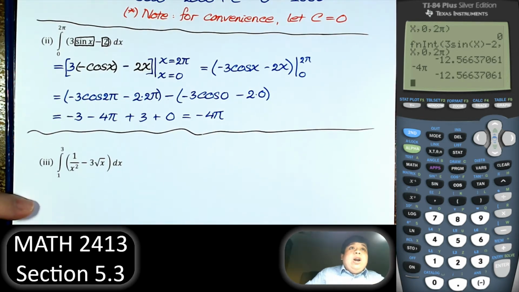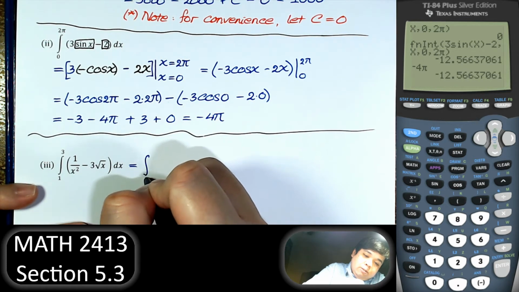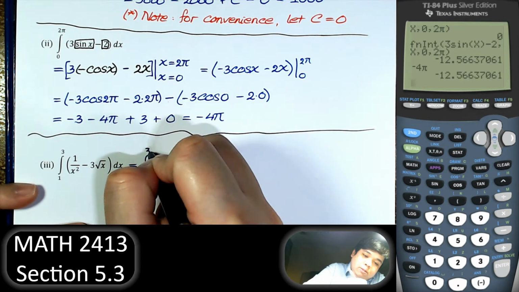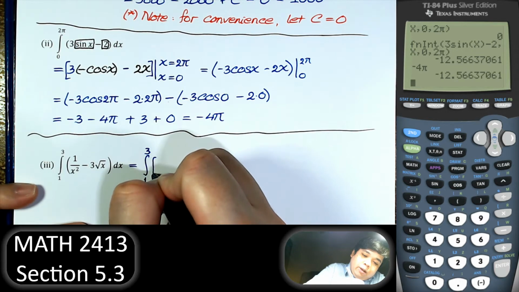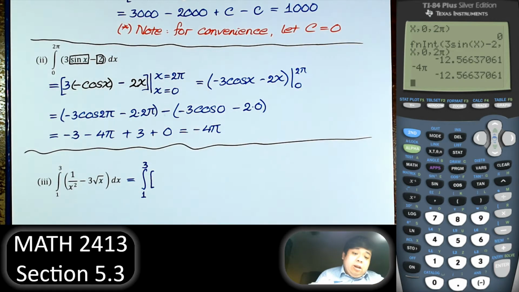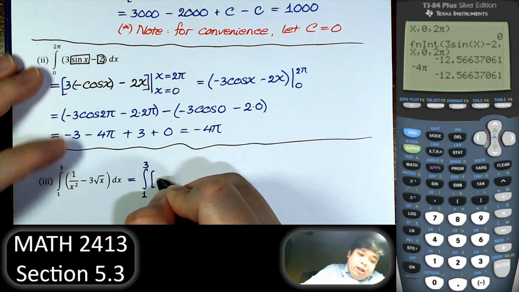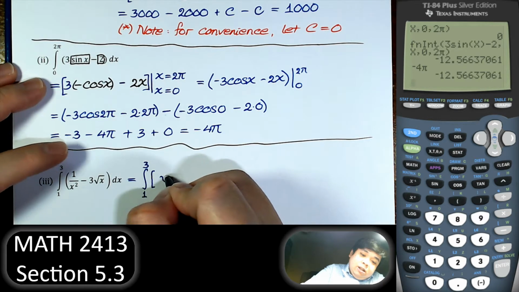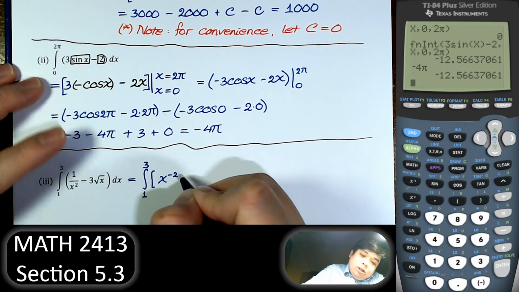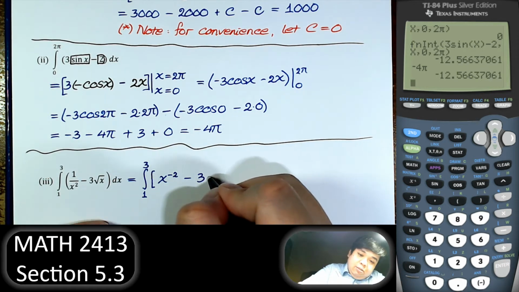So, in order to do this, we need to rewrite it, because if it is not a trig function, we use the power rule. So we have to write x squared at the bottom as a power, meaning x to negative 2, and square root of x, meaning x to the 1/2.